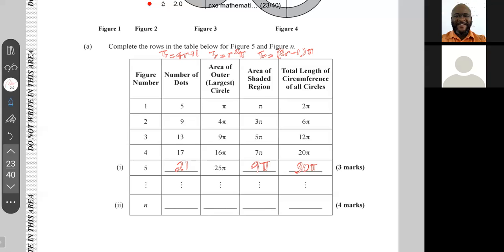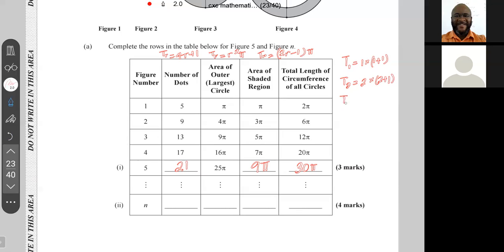Now the last one is a little bit more technical. The first term is 2 pi. So this is actually 1 times 1 plus 1. T2 is 2 times 2 plus 1.